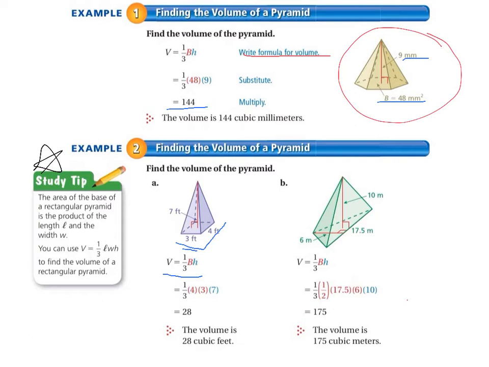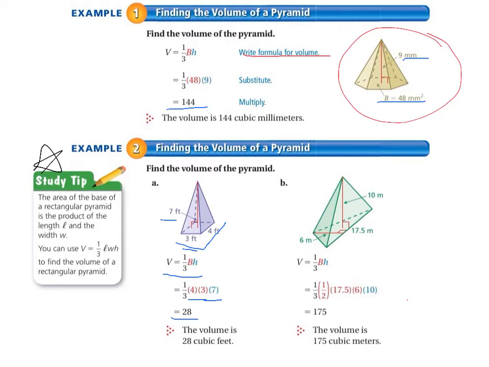So to find the area of a rectangle, we do length times width, and that's why there's a 4 and a 3 here for the B. And then our H is 7, so we also multiply 7 in there, and when we multiply that out, we get 28 cubic feet.